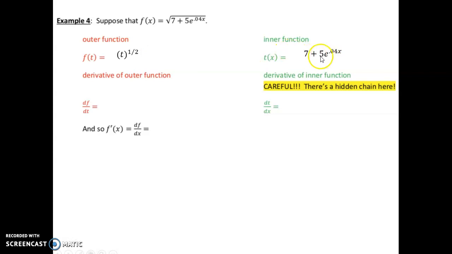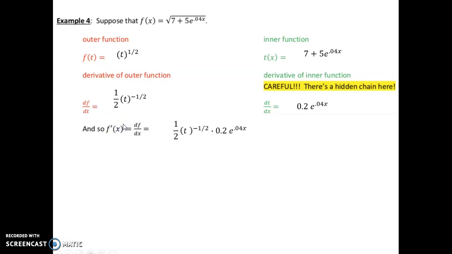Taking the derivative of this piece would be 7 was 0, then plus 5e to the, again, this is a number times x, so this is our little mini chain rule here, becomes 5 times 0.04 e to the 0.04x, and 5 times 0.04 is 0.2, and the derivative of this piece is equal to 1/2 t to the -1/2.